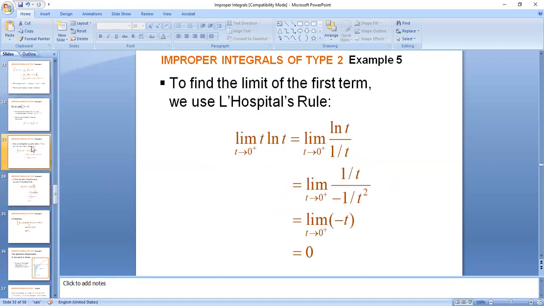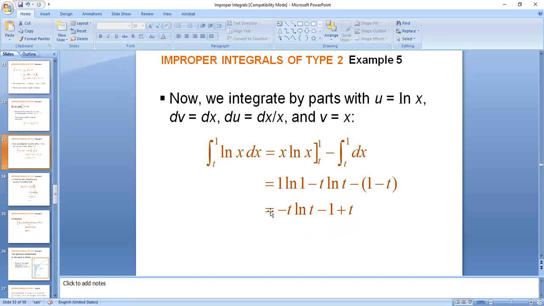So you'll have another problem here because this is to be evaluated as the limit of t as t approaches 0 from the right. And you will have negative t ln of t minus 1 plus t.